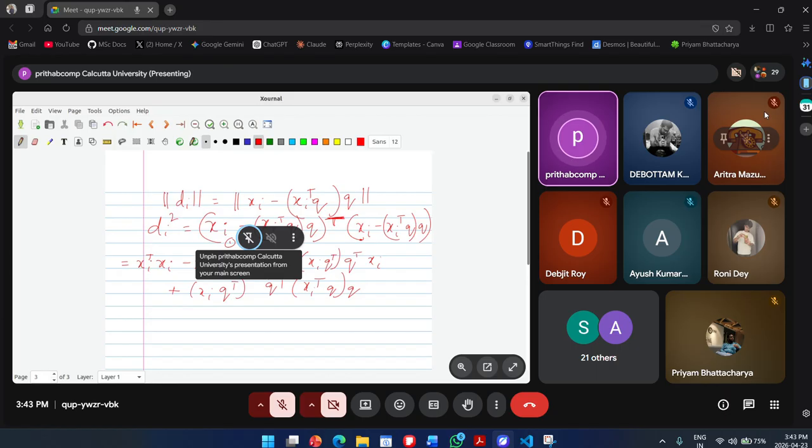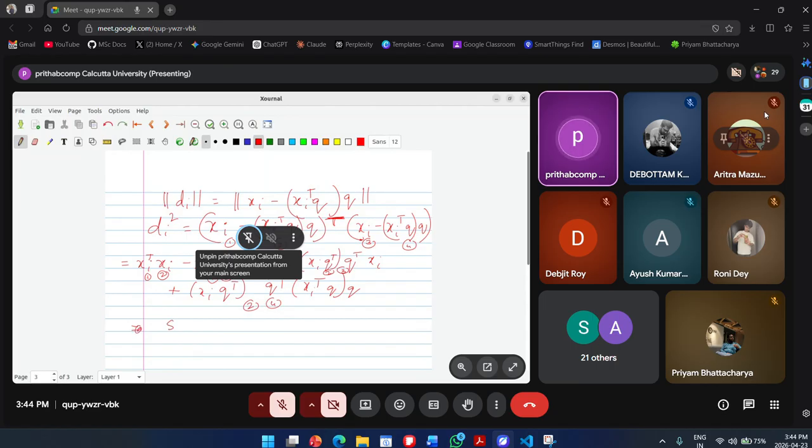So if I just mark them 1, 2, this is 3, 4, what I have done basically over here is that this is 1 multiplied by 2, this is 1 multiplied by 4, second one is this component, 2 and 3, and this is 2 and 4, okay? Nothing else, I simply did the algebra.